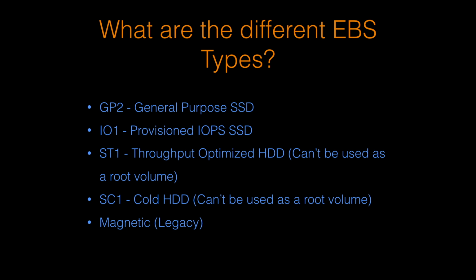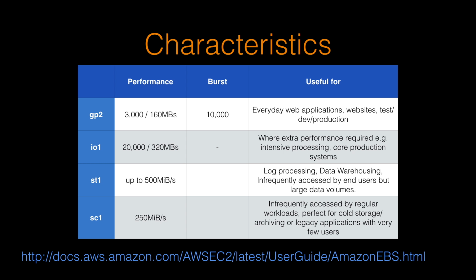Okay, I'll talk a bit about the different EBS volume types, the four main ones, GP2, IO1, ST1, and SC1, and I'll talk about the performance characteristics. For GP2, you can have up to 3,000 IOPS guaranteed with burst capability of up to 10,000 IOPS. Now, what this means is that if you want 3,000 IOPS, you need a 1 terabyte EBS volume.